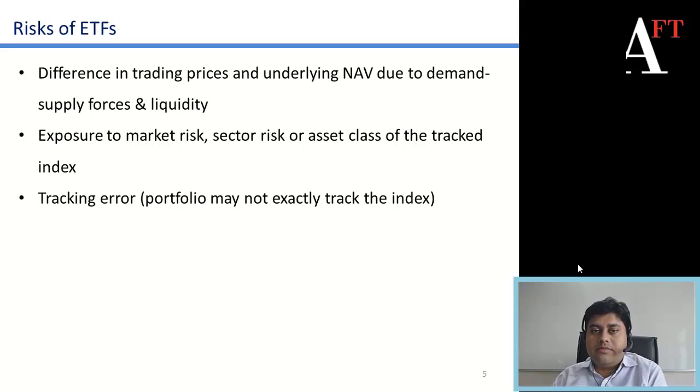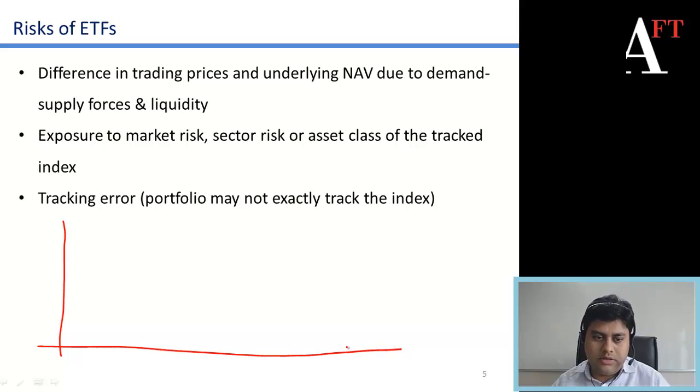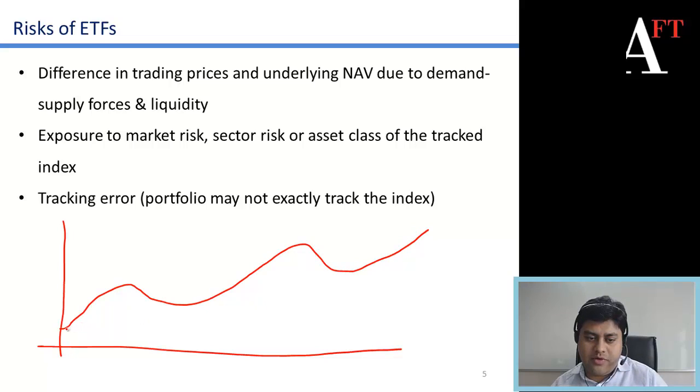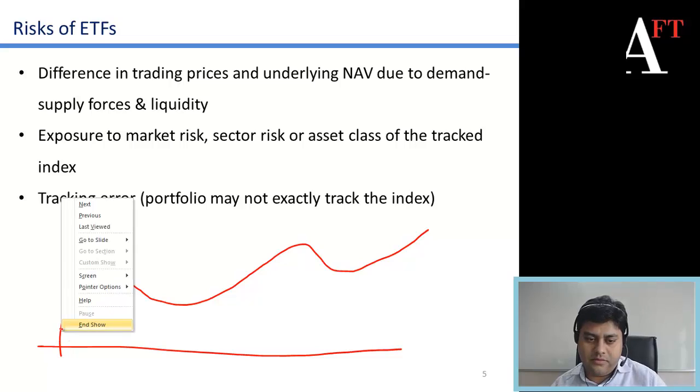Further, there could be a tracking error. By tracking error, we mean that an ETF that is supposed to track an index may deviate from the index's actual performance because of its percentage holding. Say, for example, the index being tracked by the ETF has performed like this, and the actual performance of our ETF will be like this.